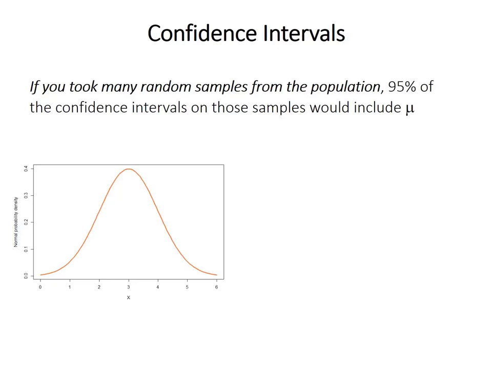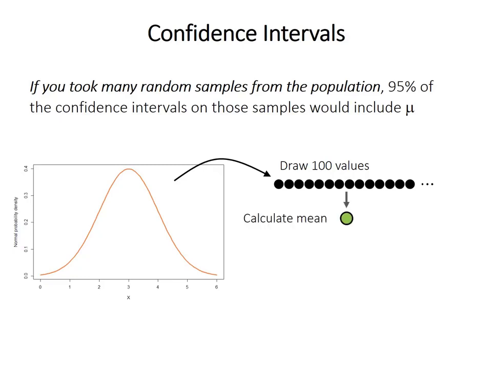So the curve on the left is, say, our known population with a mean of 3. We can simulate this method by taking a random sample of 100 values from our population with a known mean and a known standard deviation. We'll calculate the mean of that sample.